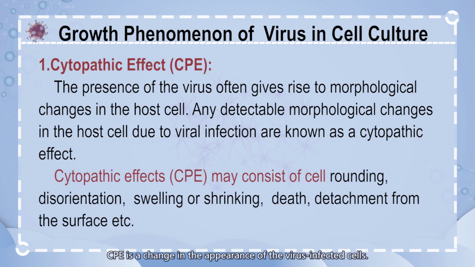CPE is a change in the appearance of the virus-infected cells. This change can be in such features as size, shape, and the fusion of cells to form multinucleated giant cells. CPE is usually a manifestation of virus-infected cells that are dying or dead.